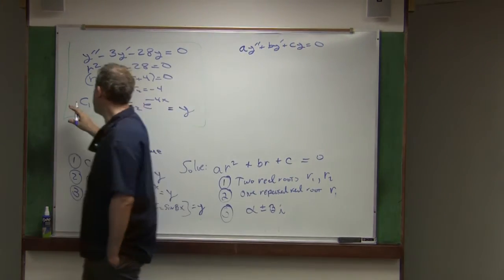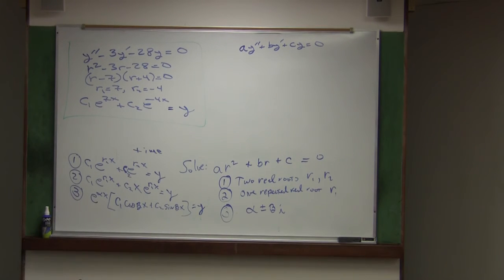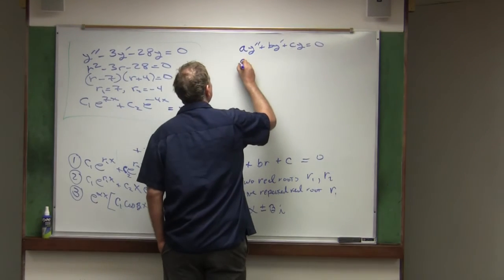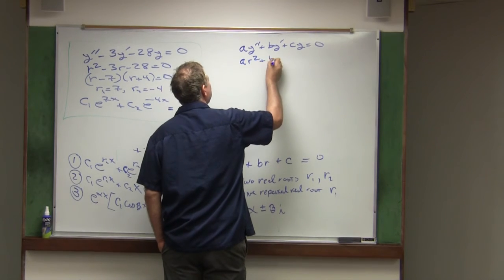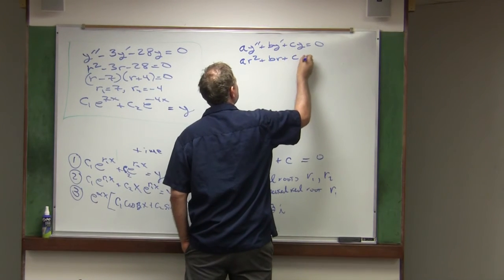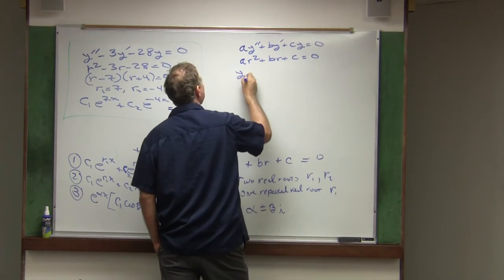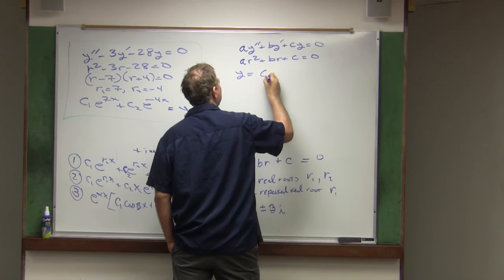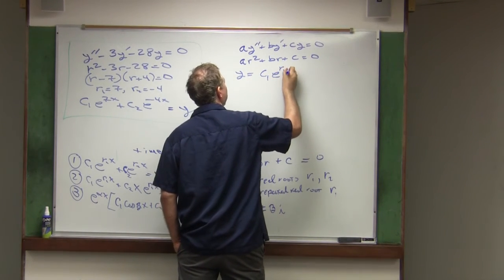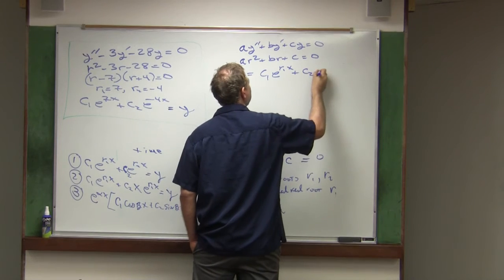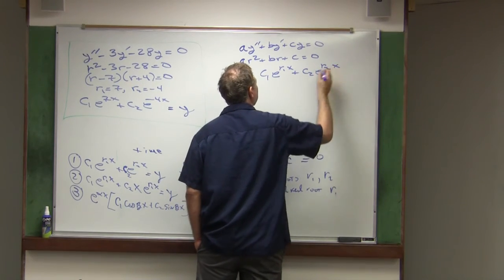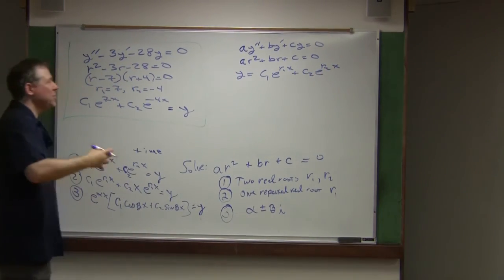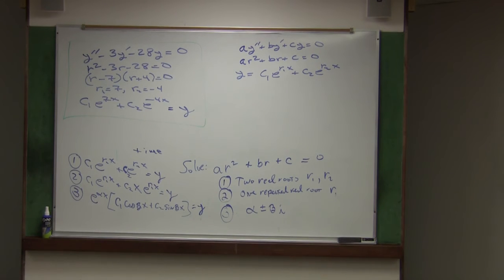We claim that this is a solution, so we have a r squared plus b r plus c is 0. And we're claiming the solution, say y is c1 e to the r1 x plus c2 e to the r2 x. Well, let's check that this really does work.